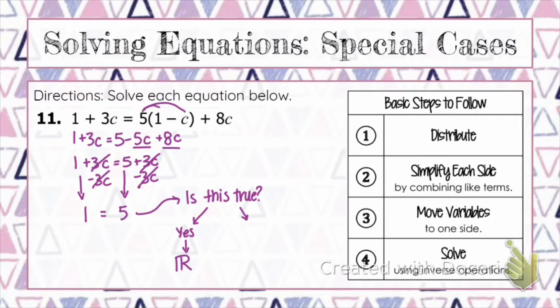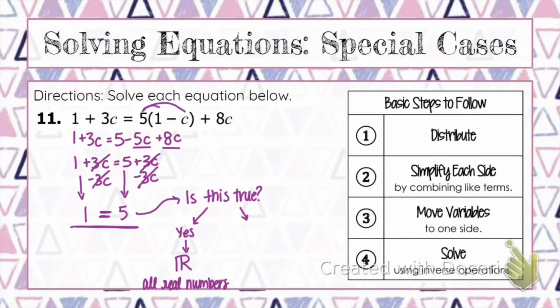That is the symbol for all real numbers. You need to be able to recognize it if you don't already. All real numbers means that no matter what you plug in for that variable, it will absolutely be correct. If it's not true, which is our case, 1 equals 5 is not a true statement.